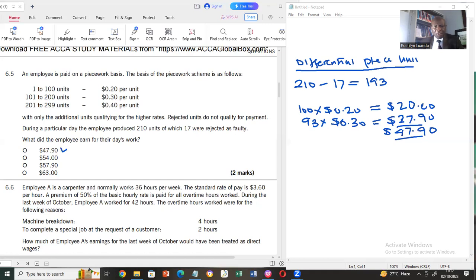Now we go to the hourly rate and overtime. All the hours worked will be paid at the basic rate, and they will be classified as direct labor hours. Overtime premium worked as a result of a request from the customer will be paid at a premium, and it will be classified as direct labor.